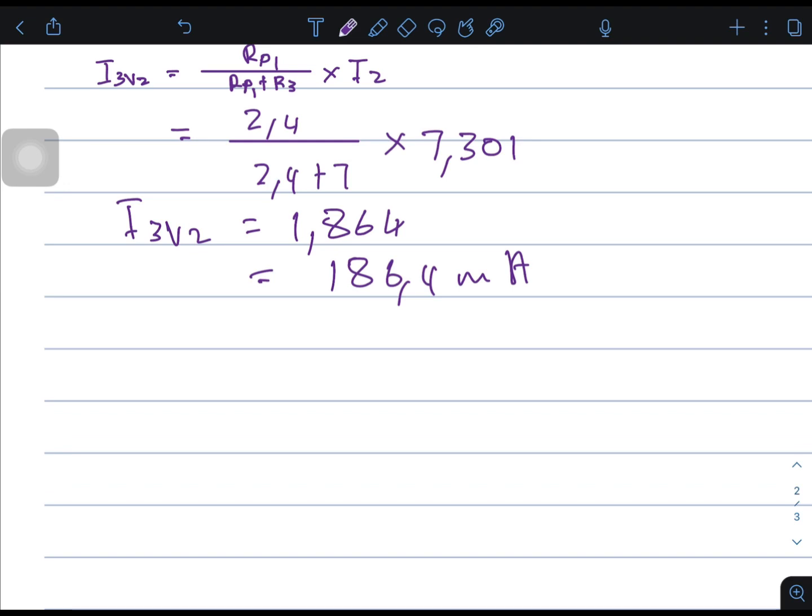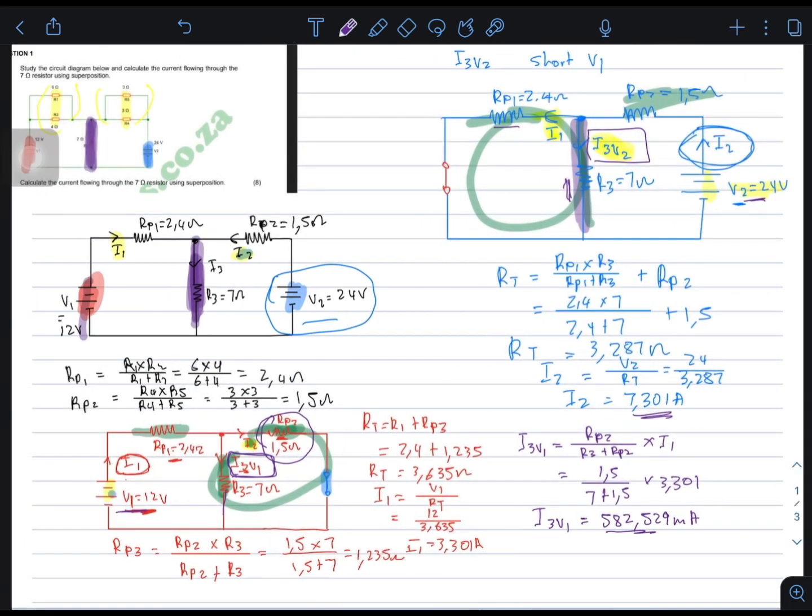Independently, we can add those two currents. I3 is therefore equal to I3 V1 plus I3 V2, because these currents meet in this junction and flow in the same direction, so we add.